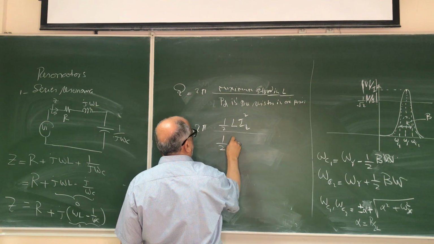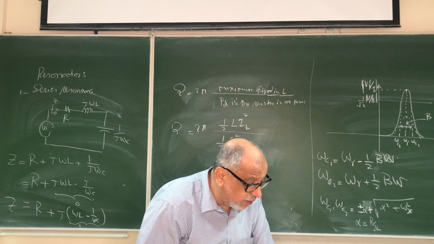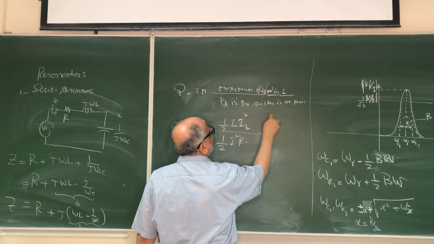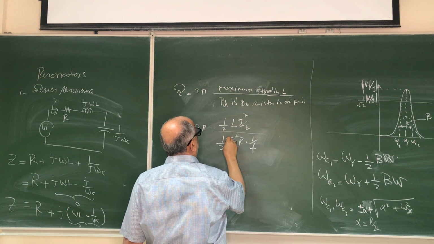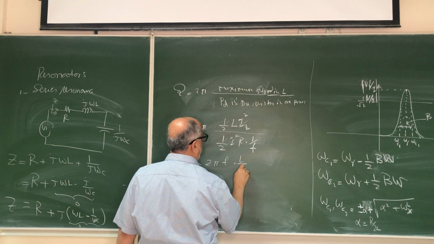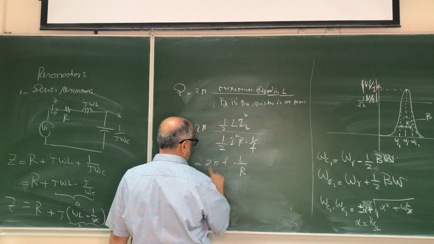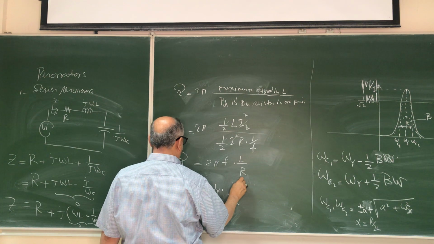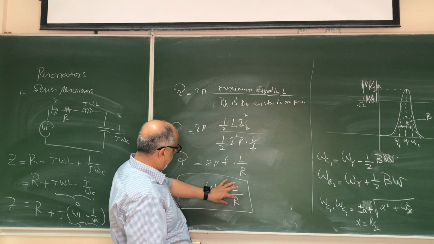The maximum here will be half I squared R, multiplied by one period, T, which is 1 over F. As you can see, the I squared terms and the halves cancel, and we are left with 2 pi F times L over R. Since 2 pi F is omega, evaluated at resonance, Q is equal to omega R times L over R. So this is the quality factor.